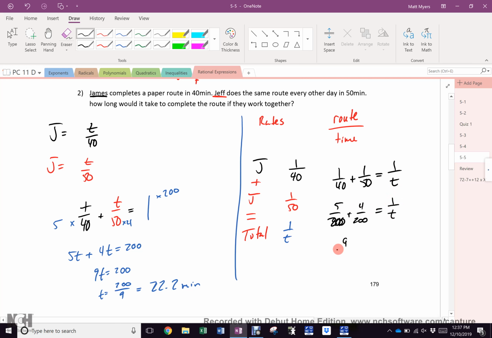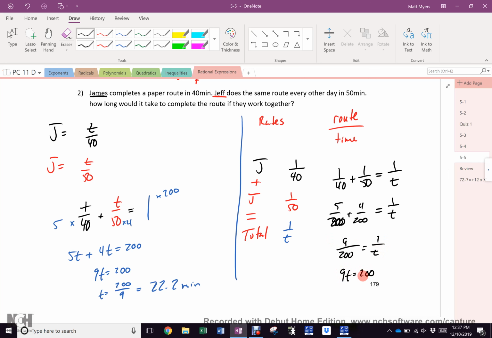Now I've got 9 200ths equals 1 over t, yes? Does that fraction equal fraction? So what do we do? Cross multiply, 9t equals 200, and I get the same answer. Is everybody good?